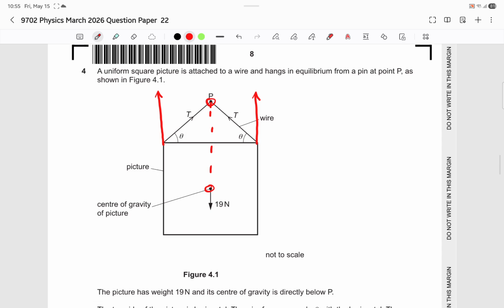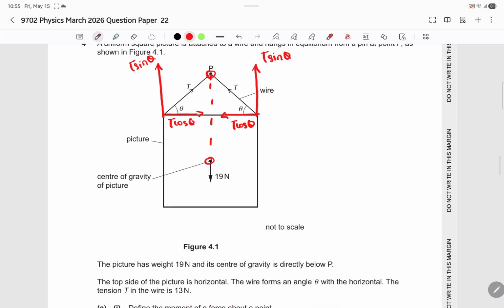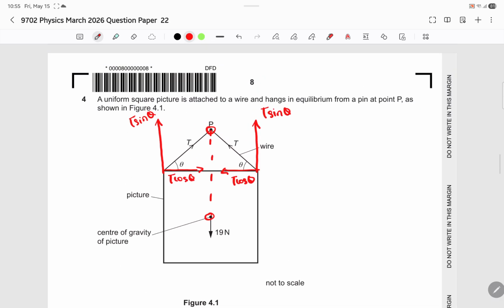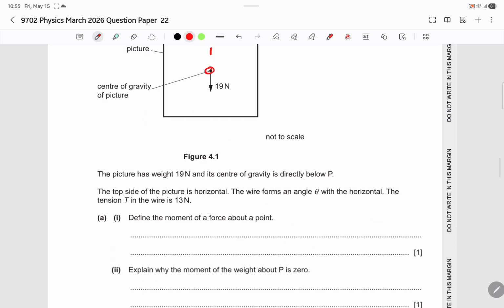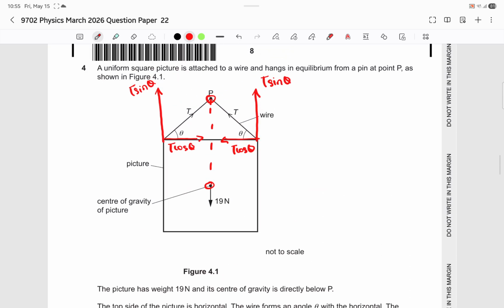As we already have theta here, we can resolve the tension: this is T sine theta, this is T sine theta, this is T cos theta, and this is T cos theta. The tension is 13, so this is 13 sine theta, 13 cos theta, 13 sine theta, 13 cos theta.